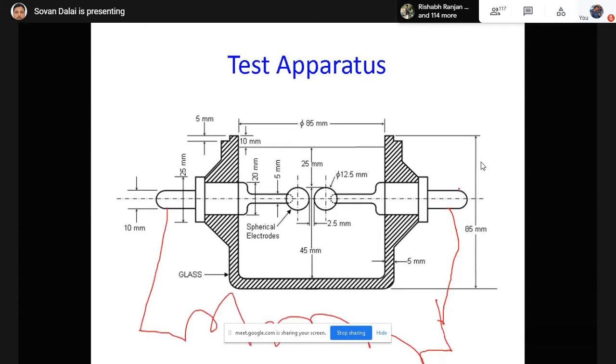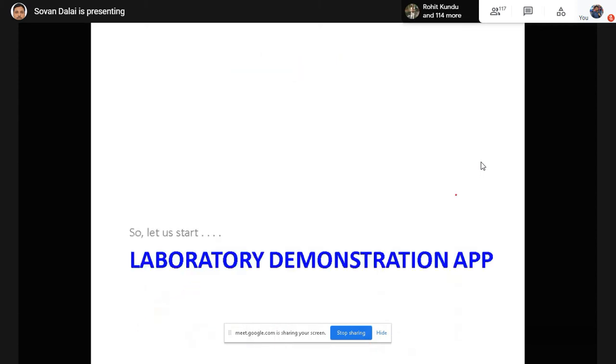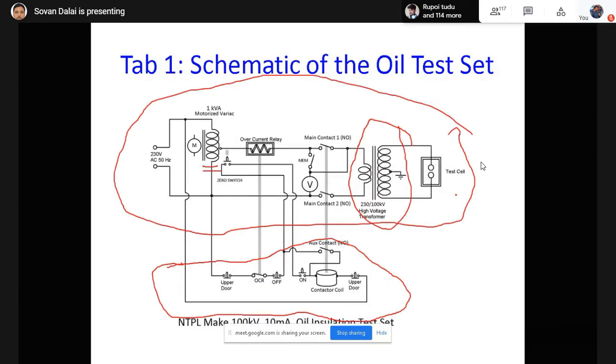Okay, so in that test setup, these two ends are connected to the high voltage transformer output, and at a certain voltage that gap breaks, and automatically this power circuit will be de-energized, because in this circuit one overcurrent relay is there.